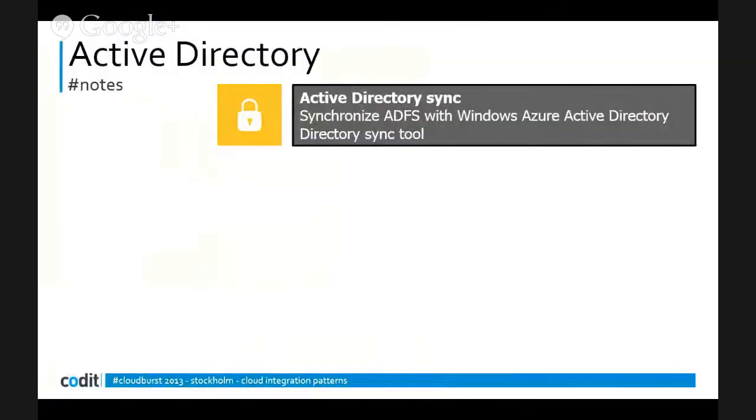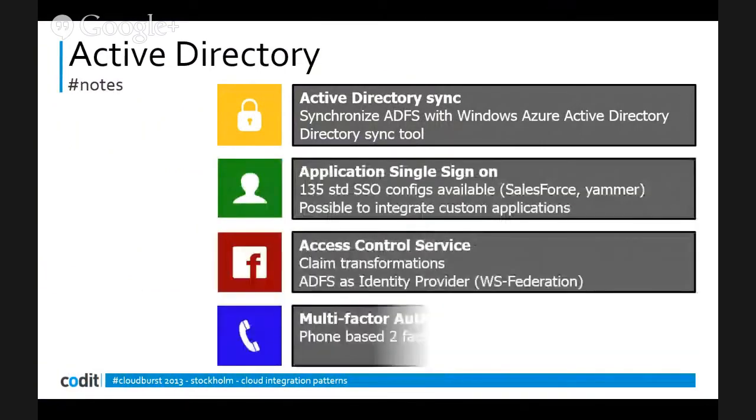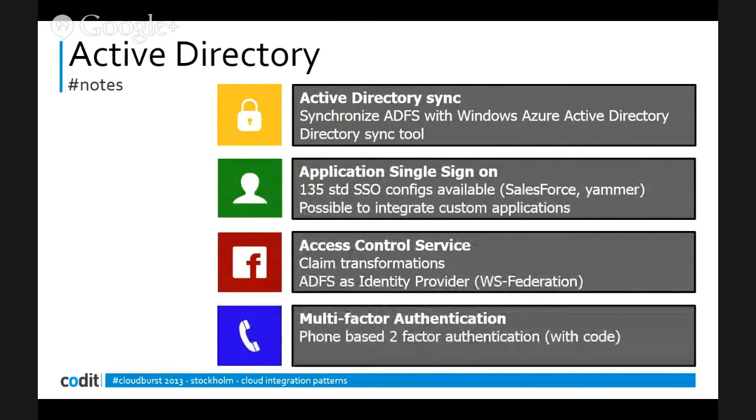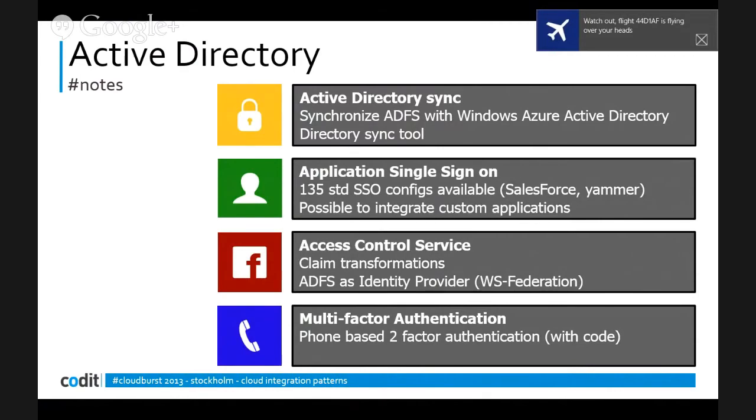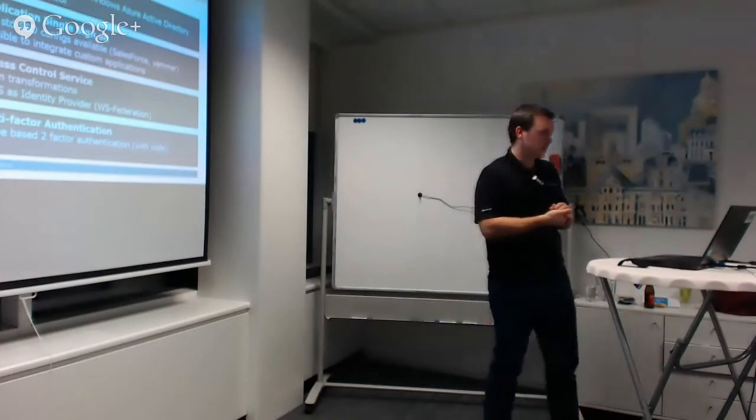Another one, but I'm not going into details here because last time Nuno was covering this, is Active Directory. So it's another kind of integration where you integrate identities. So you have the DirSync, the directory sync tool that Nuno talked about. So where you have your local AD, you can synchronize users to your cloud Windows Azure Active Directory.